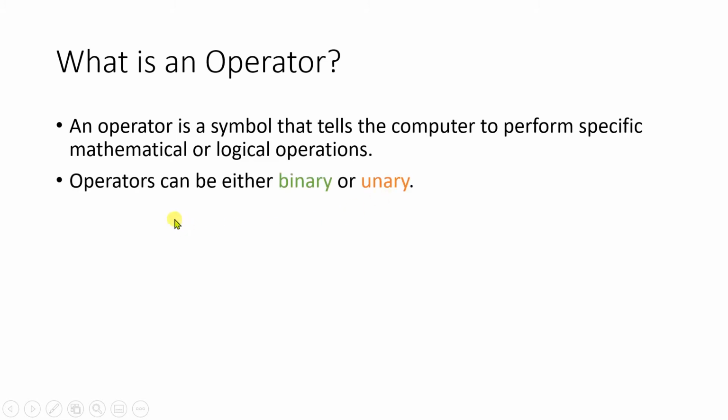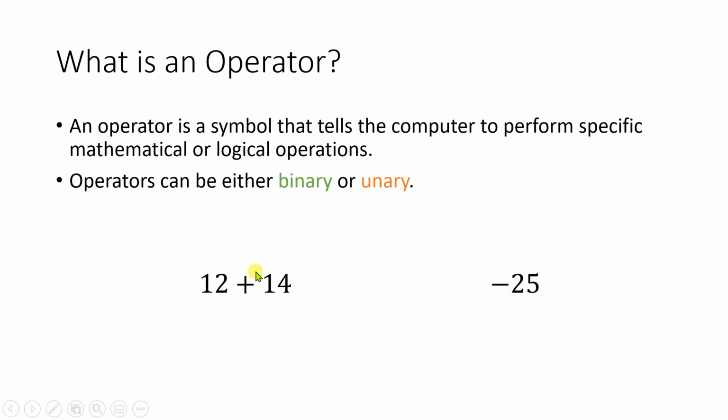Operators can be either binary operators or unary operators. To understand this, I am taking two expressions. One is 12 plus 14 and the other is minus 25. Here plus is an operator and minus is also an operator.